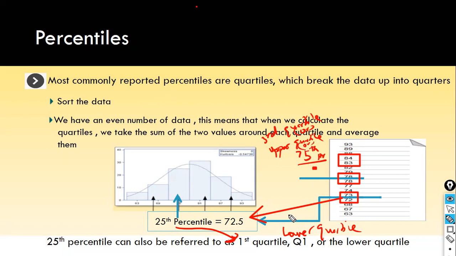This is your first quartile, or lower quartile, or 25th percentile. All these terms are the same. You need to be familiar with these terms, because they use them interchangeably.